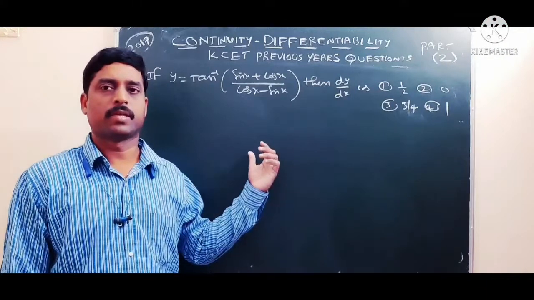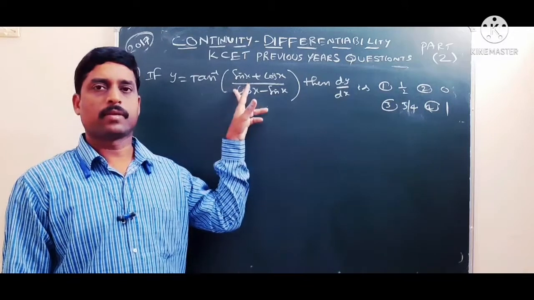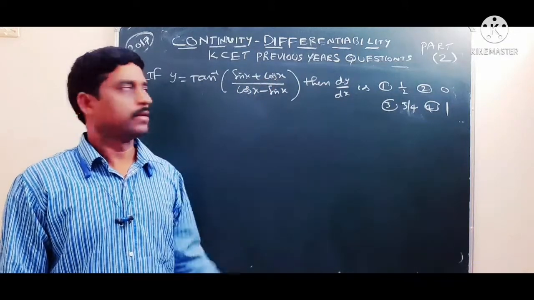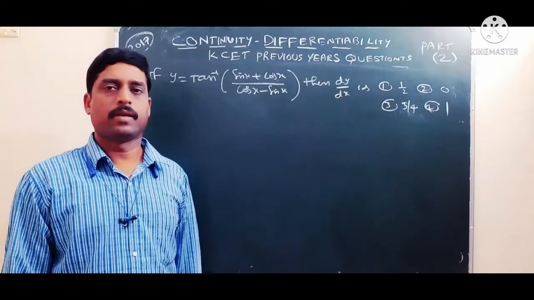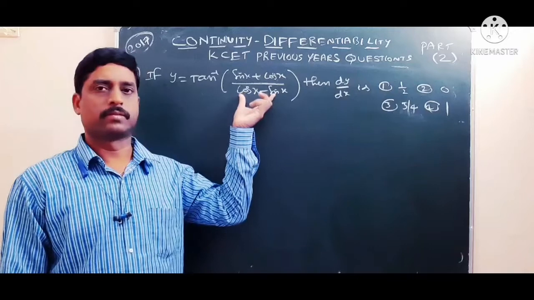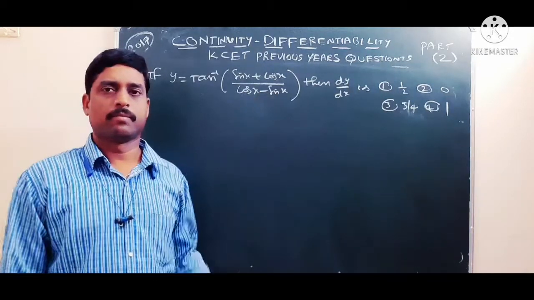This is from 2017. So what is given? Y is tan inverse of sin x plus cos x by cos x minus sin x. Then we have to find dy by dx. Let us simplify this value: sin x plus cos x by cos x minus sin x. There is a direct formula.